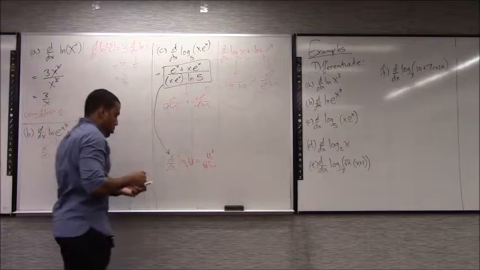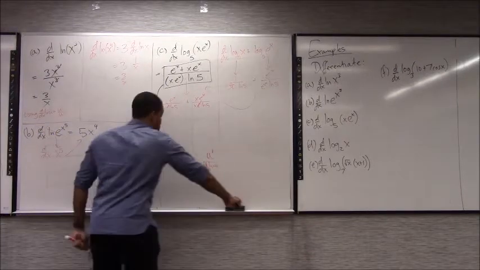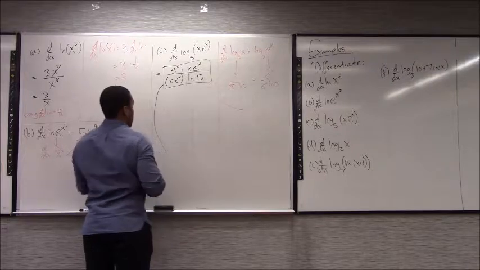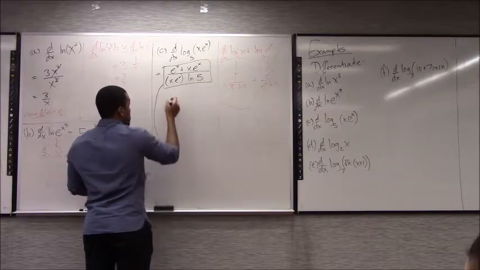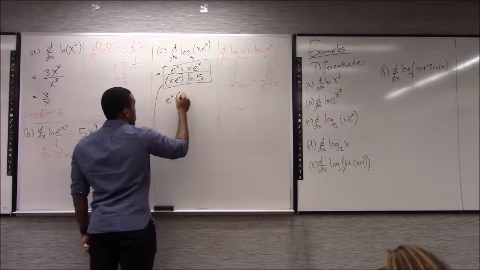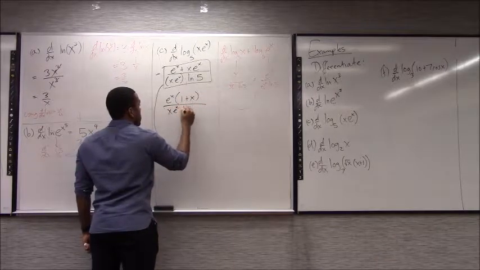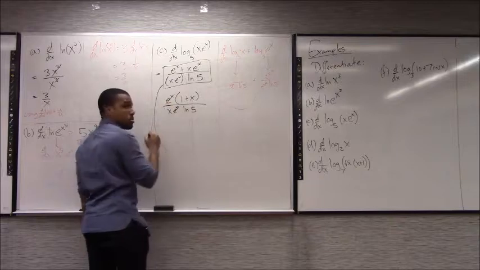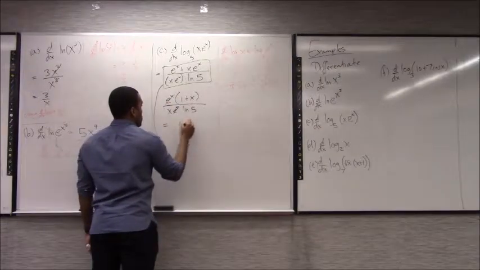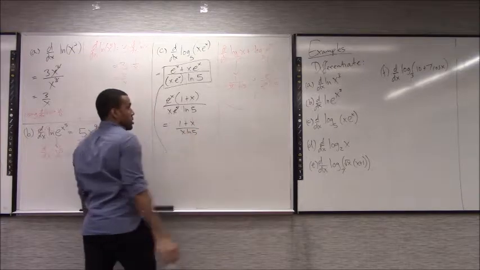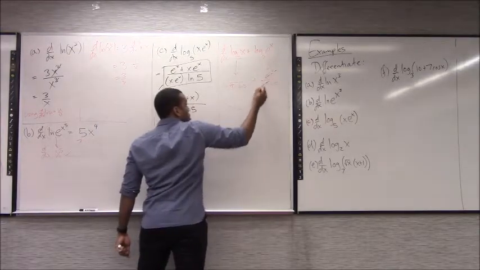You could do that, yes. I wouldn't particularly care, but sure. You could factor this out, 1 plus x over x e to the x ln 5, and then cancel this: 1 plus x over x ln 5. So yes, you'd realize that the e's would cancel in either case.